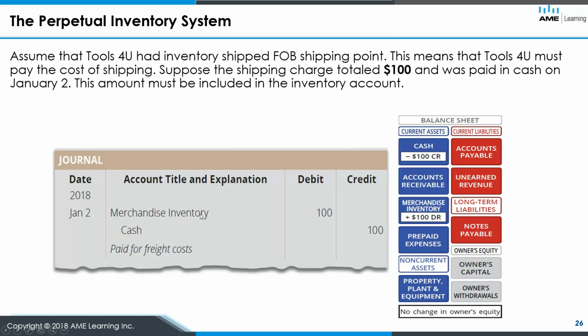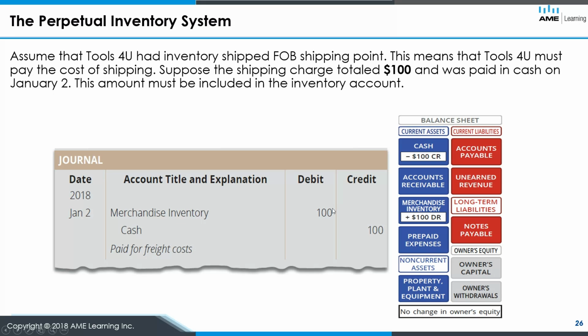So let's just assume we had one item of inventory shipped to us, and it was $10,000 to purchase it, for example, and then we paid $100 for shipping, and we're the merchandiser, so we're buying this from the manufacturer. That inventory would sit on our balance sheet at $10,100.